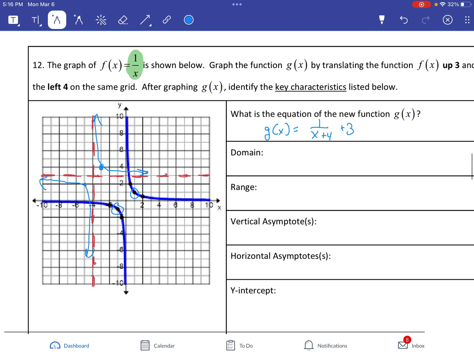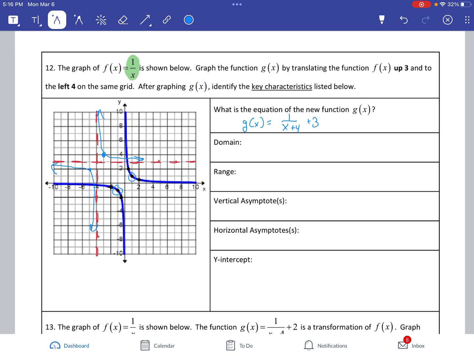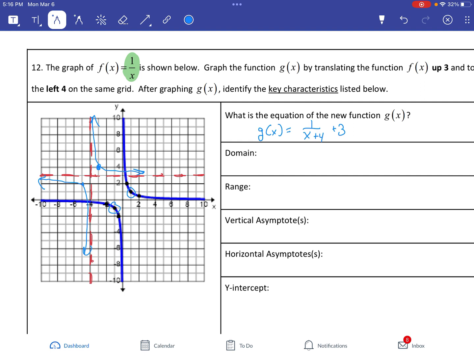Okay, your domain is based off your, I'm going to skip around to this part too because I don't like the way this is ordered, but that's okay. Your vertical asymptote's based off of your horizontal shift. So now it's been moved to the left by 4, so it's x equals -4. Your horizontal asymptote's based on your vertical shift. So that's y equals +3 because the graph went up by 3. My domain is based off of my vertical asymptote.